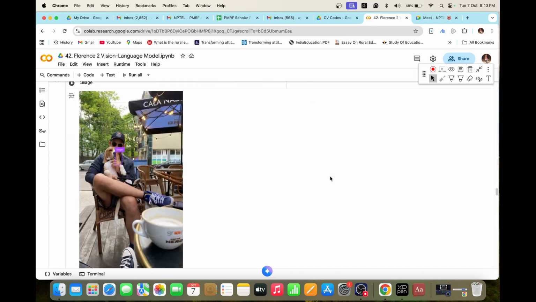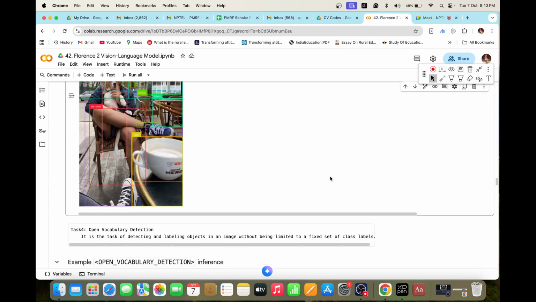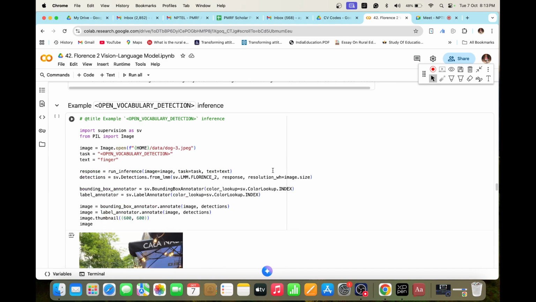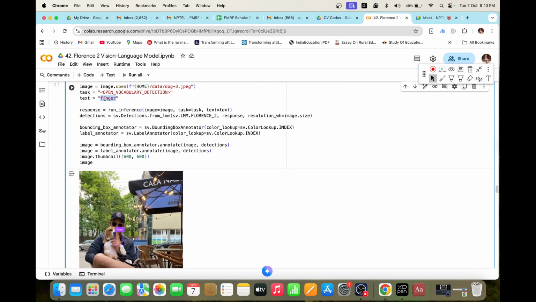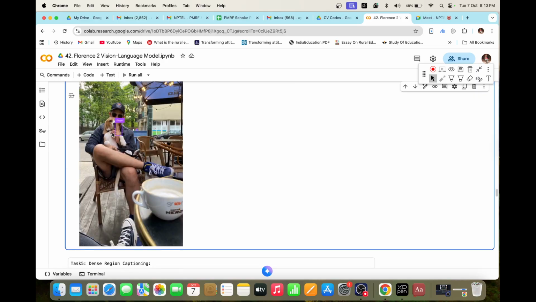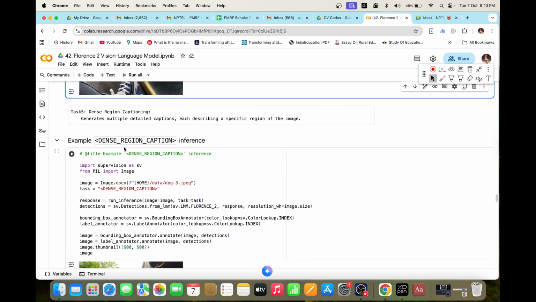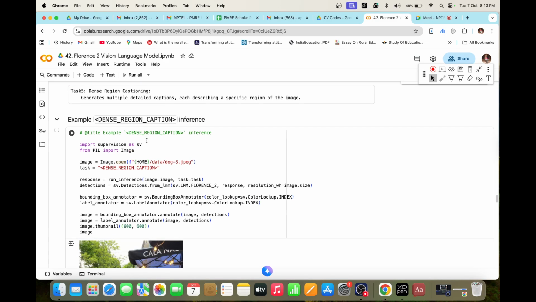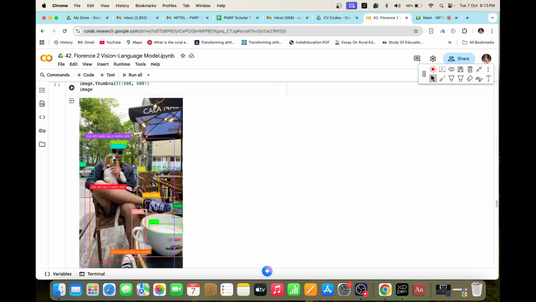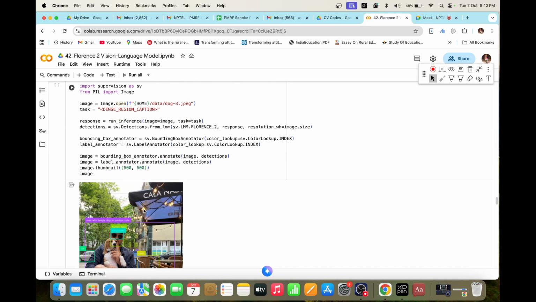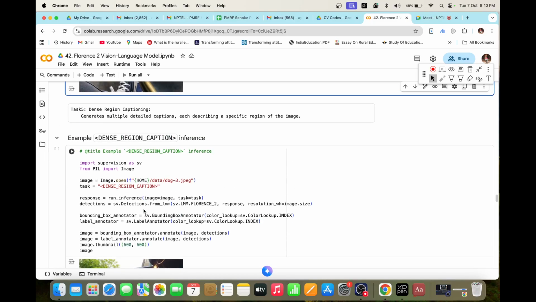Open vocabulary detection also we can do. For example, if we only want to detect this finger image, just supply this text, and by this we can get the finger image detection. And then we have dense region captioning, that also you can do.